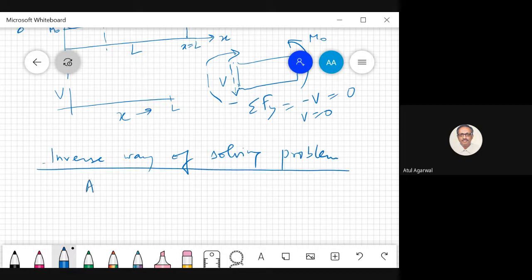So assume a deformation. From the deformation, we will find stresses. So what deformation do we assume?